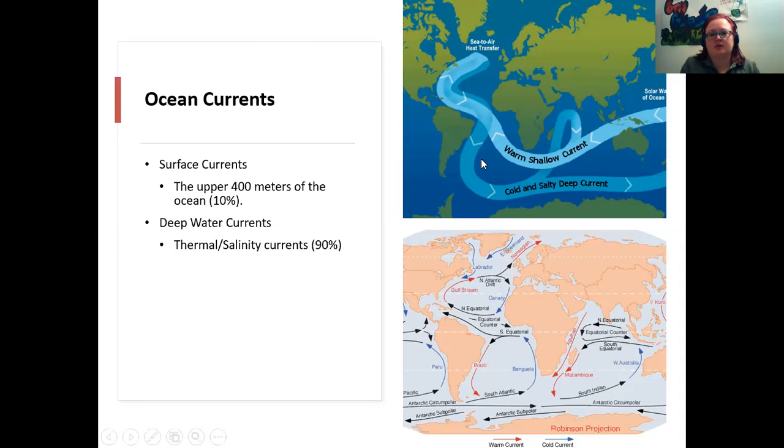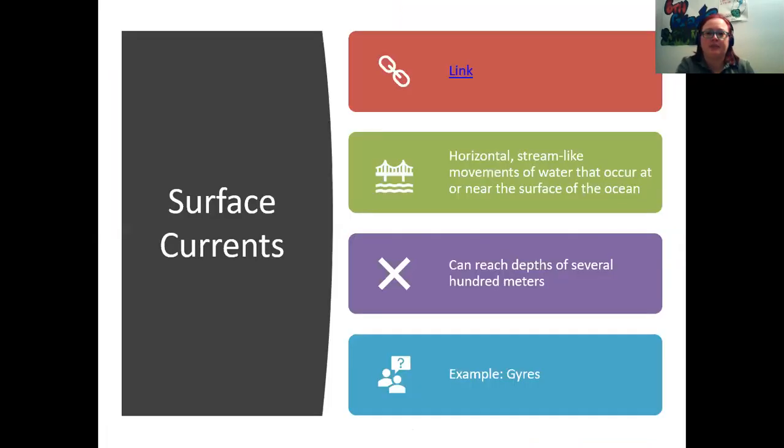This map right here looks similar to the one that's in your assignment. Okay, I'm going to click this link. I'm not even gonna lie to you, I don't know what's on it. So surface currents are horizontal stream-like movements of water that occur at or near the surface of the ocean.